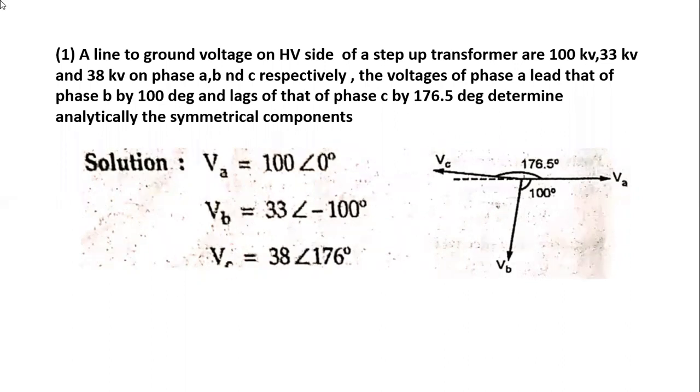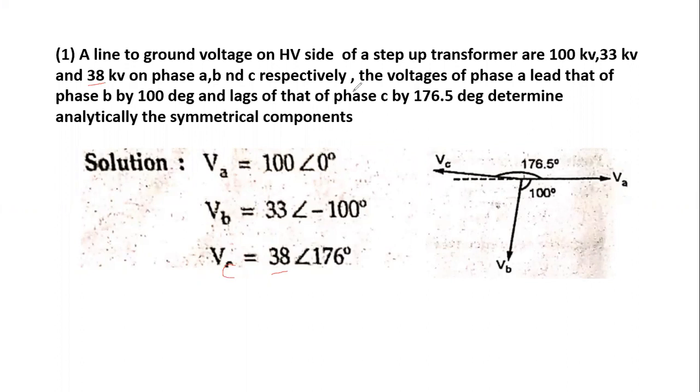Next we write the voltage at phase C. This is VC, and the voltage is 38 kilovolts. What is the angle difference between A and C? It is 176.5 degrees.